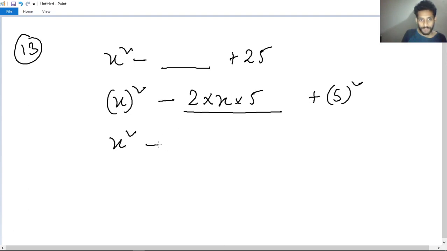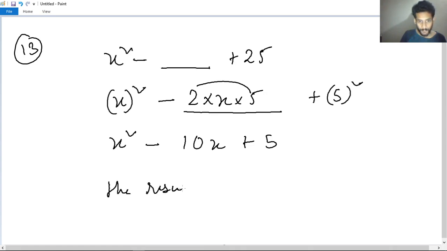If I multiply this, 2 5s are 10x. So the middle part will be minus 10x. I guess you can also do the next part. It's easy.